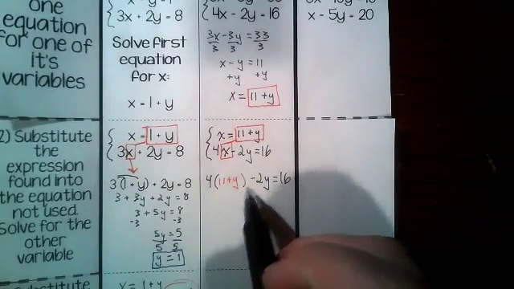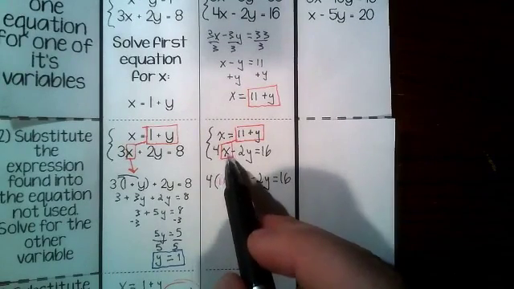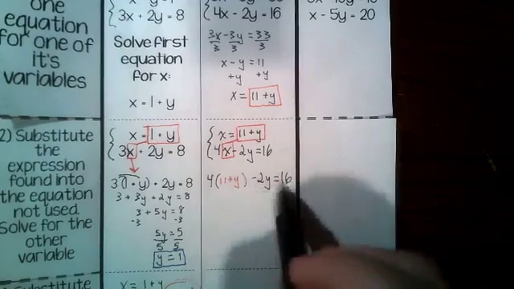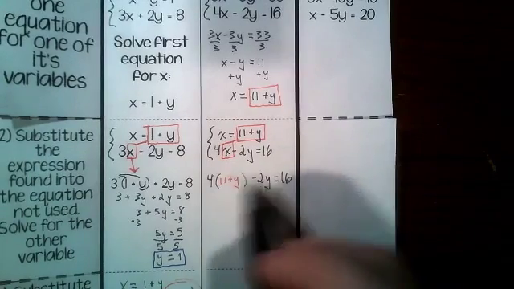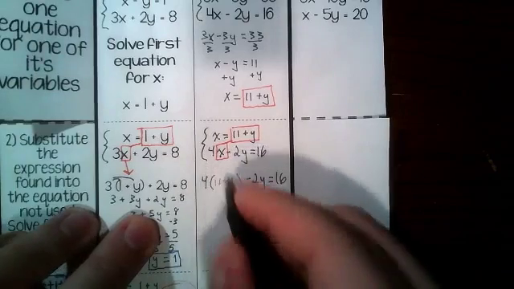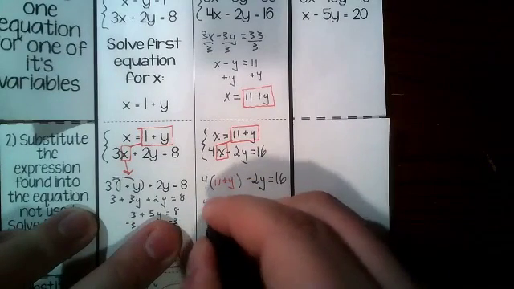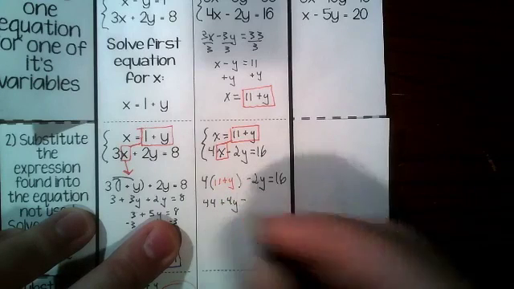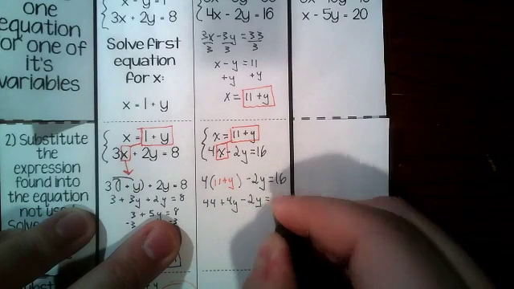But by substituting, I've gotten rid of the x variable, and I have an equation with one variable that I can solve. Distribute the 4 in. 44 plus 4y minus 2y equals 16.